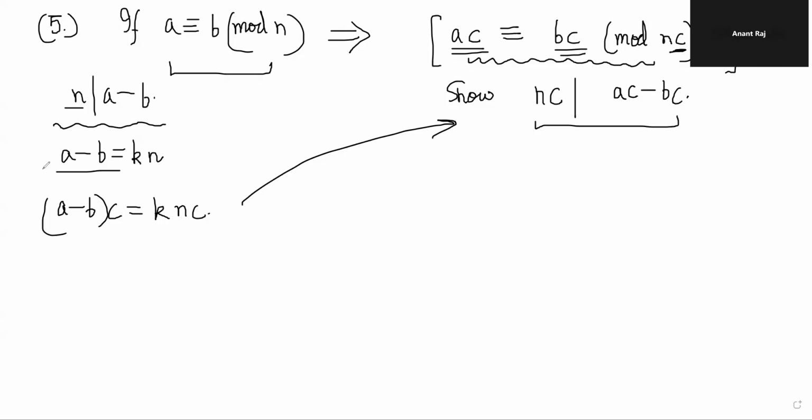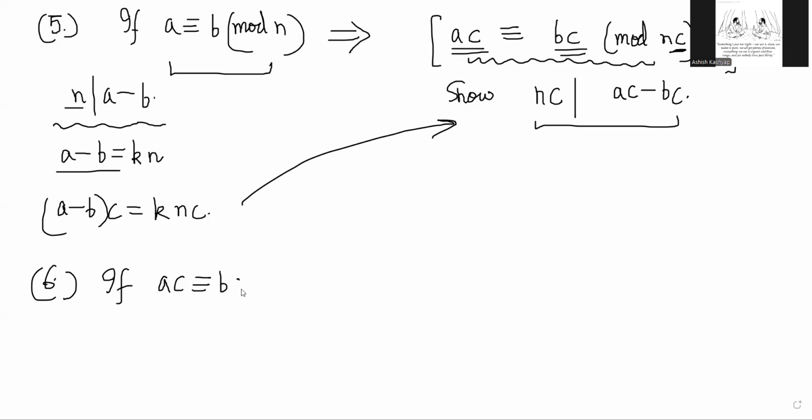Now notice one thing, the converse of this property: if AC is congruent to BC mod NC, right? And C is not equal to 0, right? Then you can cancel, correct?